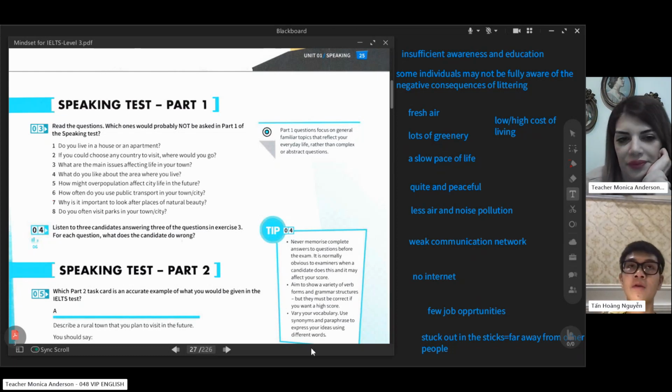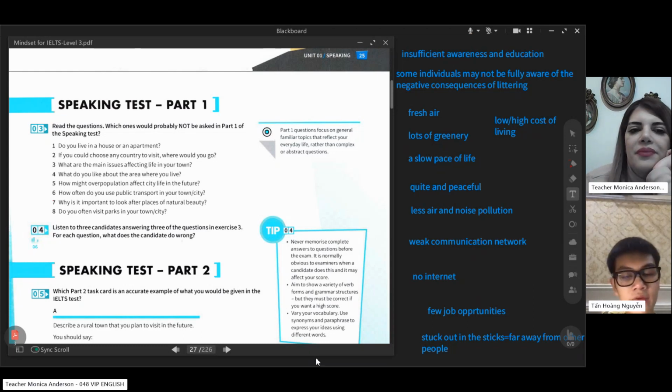So I think that in the future there will be a lack of space for people to live and also a lack of food and drink for humans maybe.